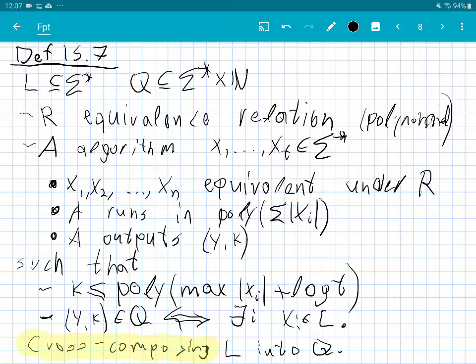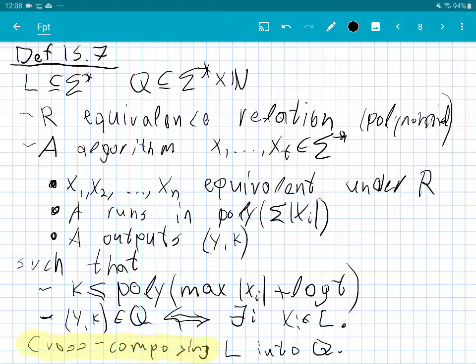Think about those as polynomial equivalence relations. This means some relations on the inputs for the problem L that are easily checkable in polynomial time, and they partition the inputs of size n into a polynomial number of classes, right?